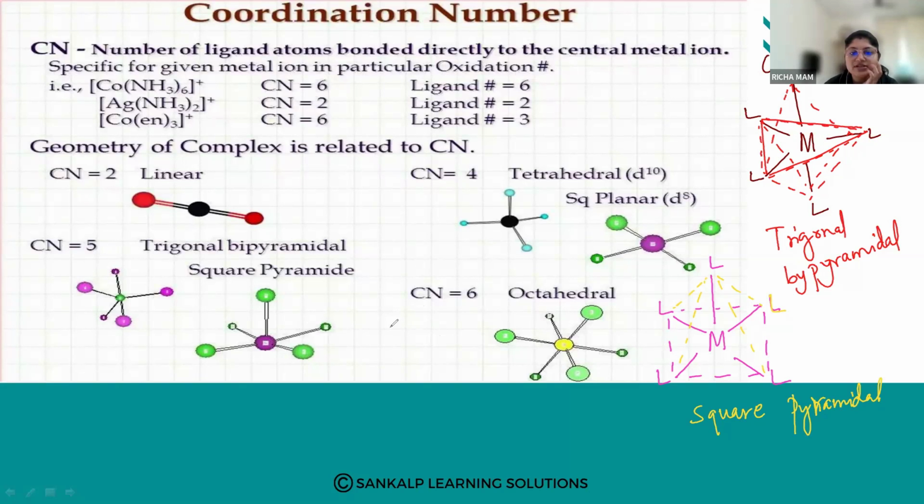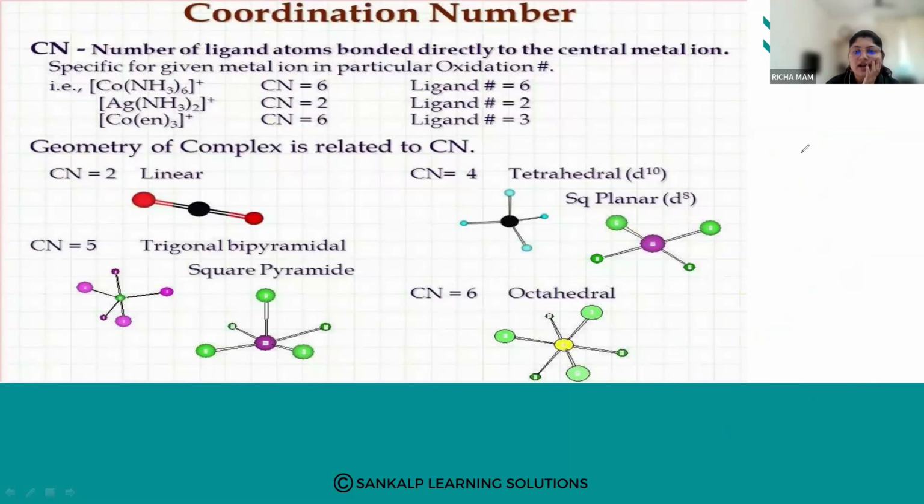Now, when you have coordination number 6, I'll show you. The central metal is there. Then 1, 2, 3, 4, 5 and 6. Let me join this.